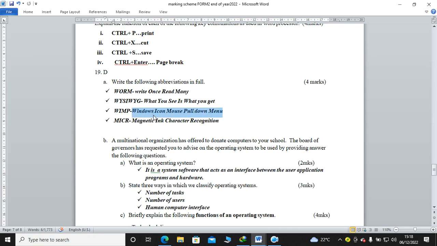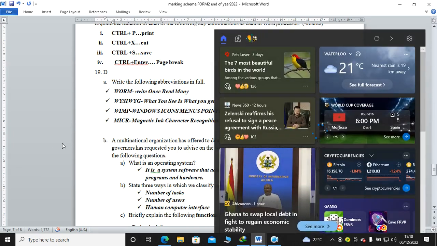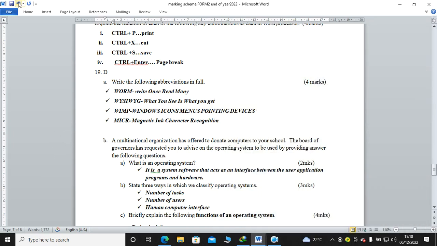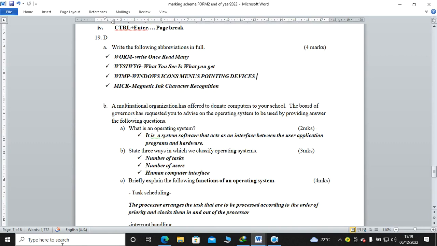Let's have the next one: WIMP as per our syllabus is Windows, icons, menus, and pointing devices. That is as per our syllabus. So we must consider our syllabus. So that is the correct way it should be. Then this one stands for magnetic ink character recognition, or somebody else may just say reader instead of recognition.